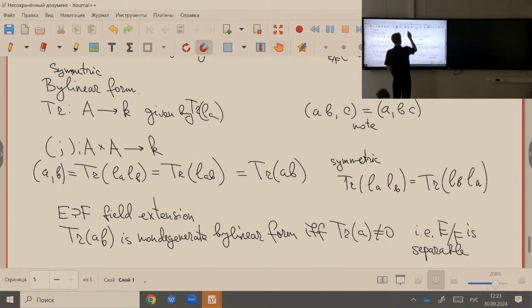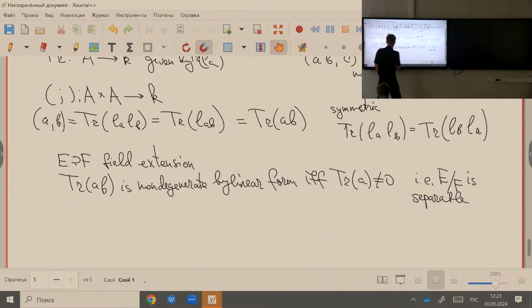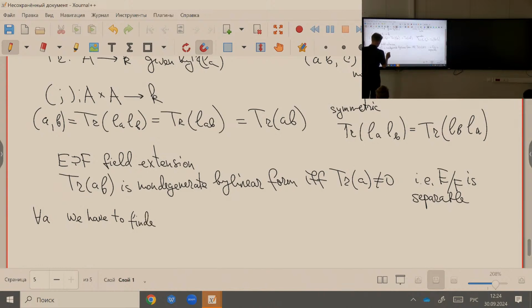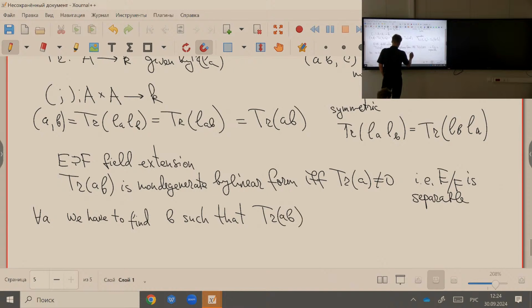And here the reason is the following. Non-degeneracy means that for any A, we have to find B such that trace of AB is not equal to 0.